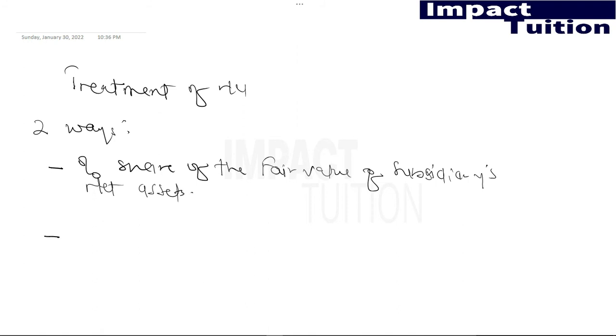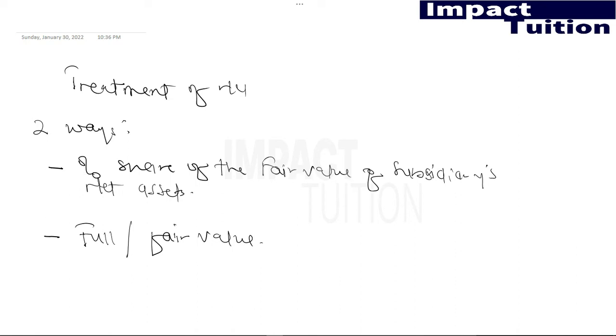The second is to measure NCI at the full or fair value. Right. So these are the two ways we can use to value non-controlling interest.